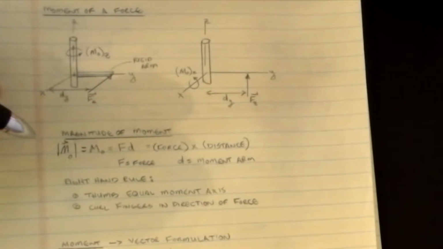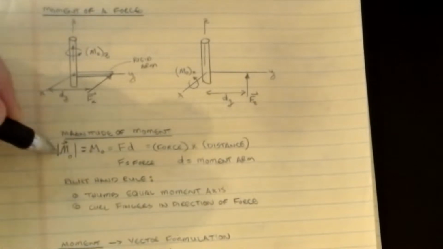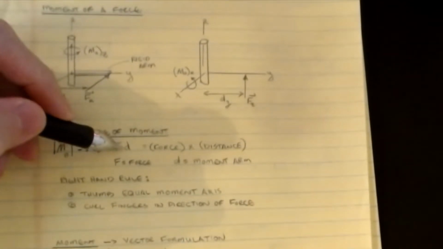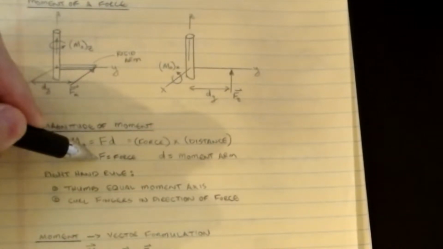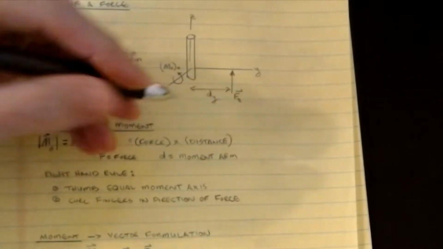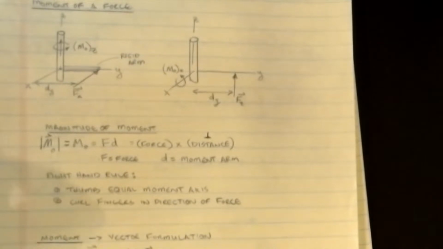Remember our notation here: if it doesn't have a hat on it, it's not a vector, and I'm writing this without the absolute value brackets on it. This is a force times a distance. So F is the force, and d is what we call the moment arm. Now the requirement on that moment arm is that it must be a perpendicular distance to the force, and that was the case that we had in the two pictures above.